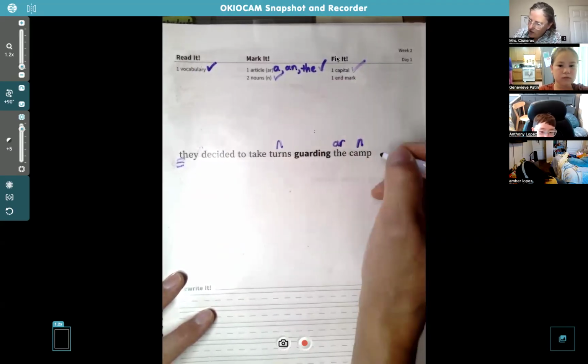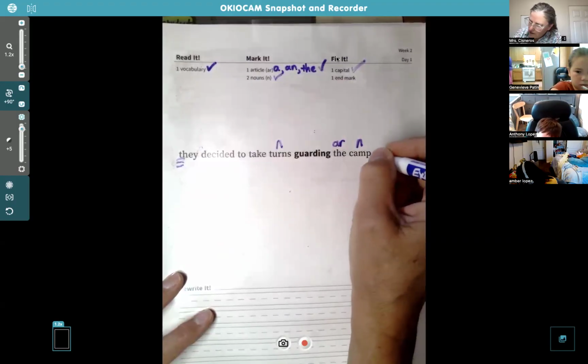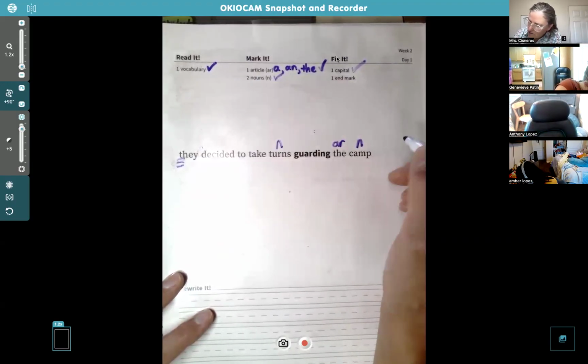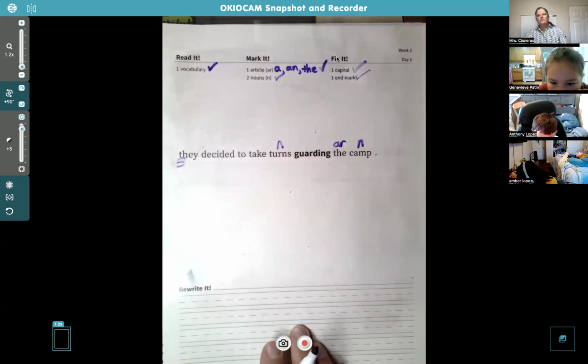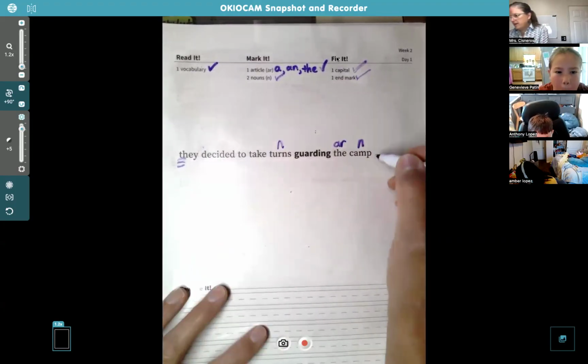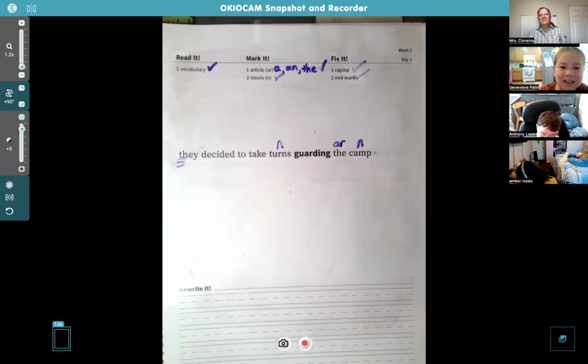A period. Good, a period. Excellent. Whoops, my marker is drying up. There should be a period here. You can't really see it. Need a new marker. Okay, good. You got it. So we're done marking up that page.